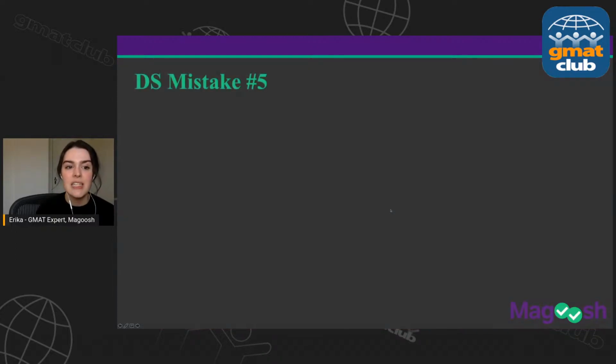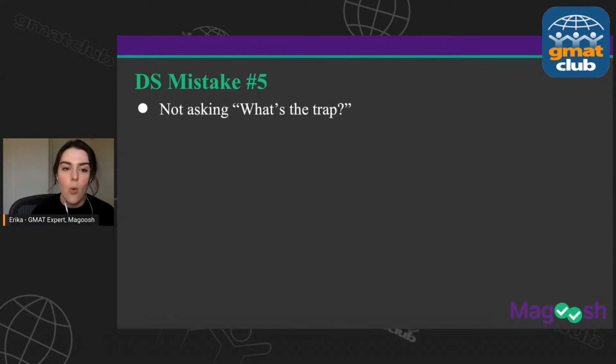And this one is the big one. It's not asking what's the trap. And this comes down to a fundamental misunderstanding of how the GMAT works, and specifically how data sufficiency works. A lot of people think that standardized tests are tests of knowledge, and some of them are, but not the GMAT. The GMAT is a test of critical thinking, of critical reasoning, of problem solving.